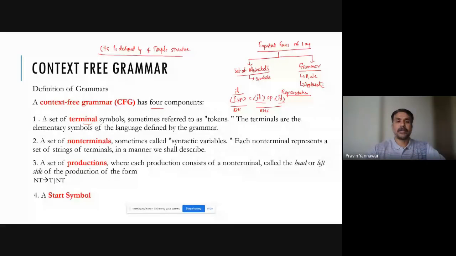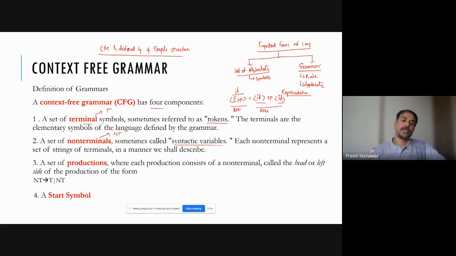Okay, so usually the terminal symbol is referred to as T, and non-terminal is referred to as NT. The way terminal symbols are called tokens, non-terminals are called syntactic variables.